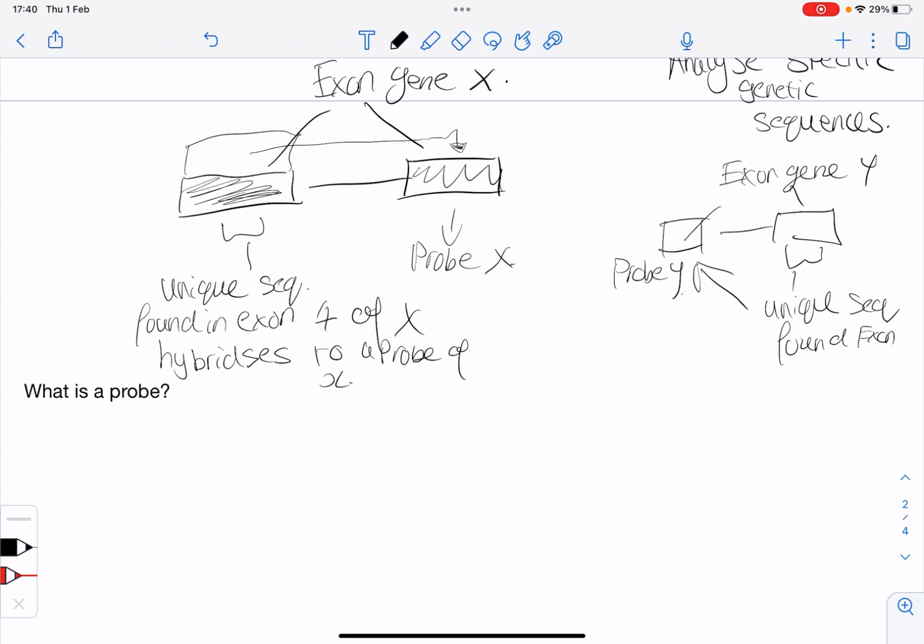Whatever our nucleic acid hybridizes to, we can always trace it back to its original coding sequence, either gene X or gene Y.